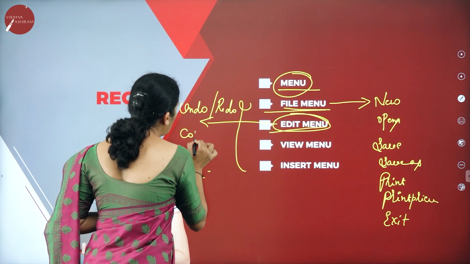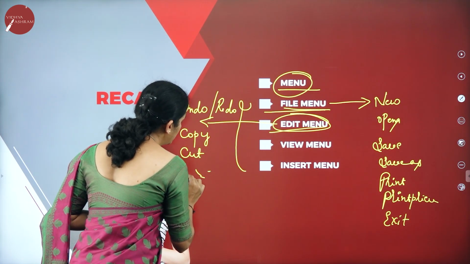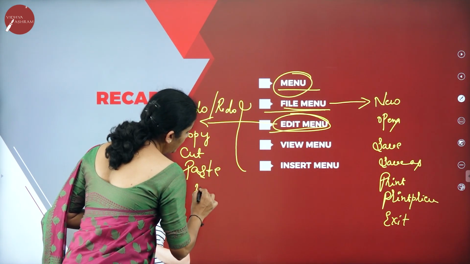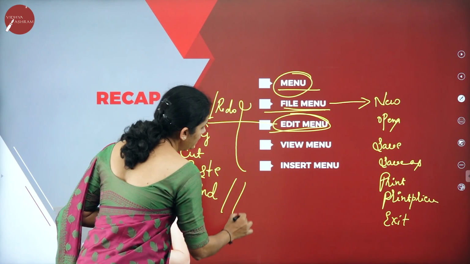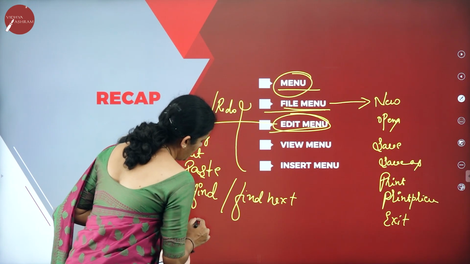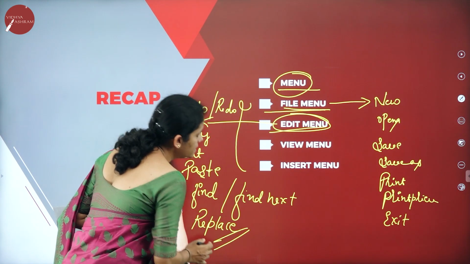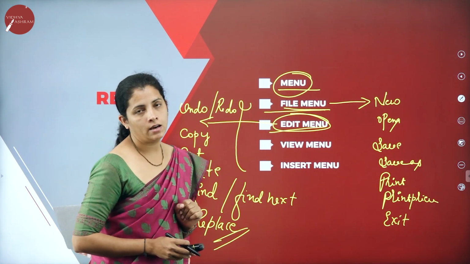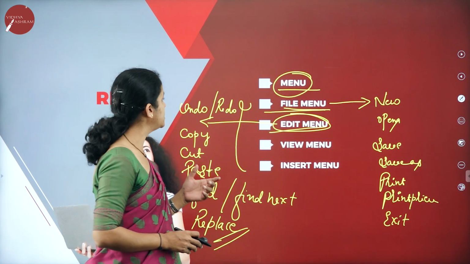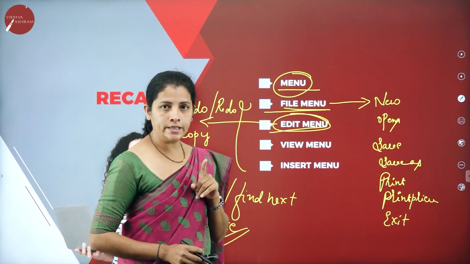Then the copy option, the cut option, the paste option, find or find next, and replace. So these are the options I'm going to get under the edit menu. In my previous session, we had a discussion regarding these options along with the shortcut keys.